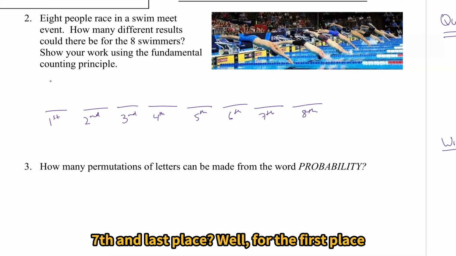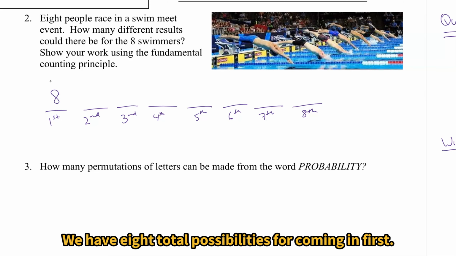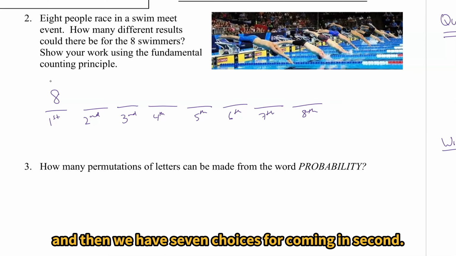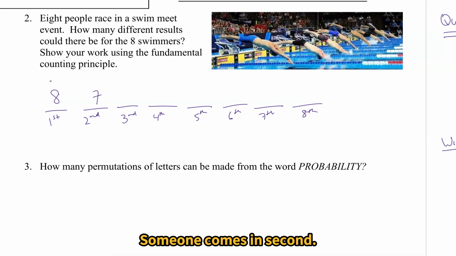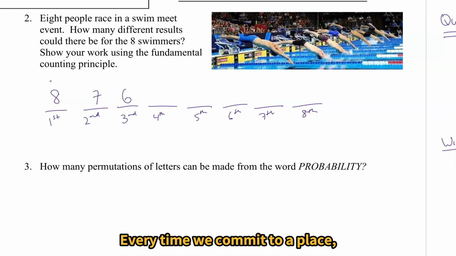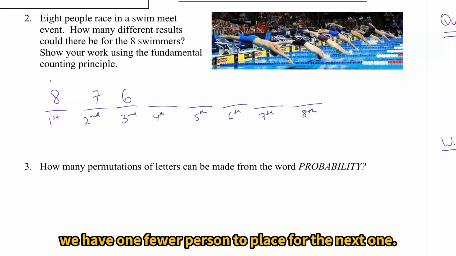Well, for the first place, we have 8 swimmers. We have 8 total possibilities for coming in first. Someone comes in first, and then we have 7 choices for coming in second. Someone comes in second, so we have 6 for the third. And I think you might be able to see that pattern. Every time we commit to a place, we have one fewer person to place for the next one.